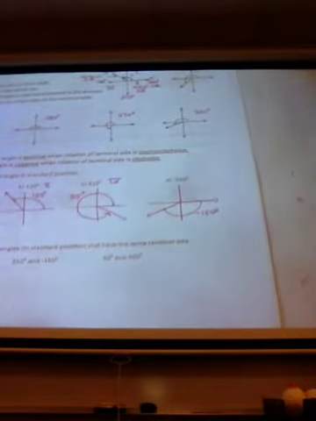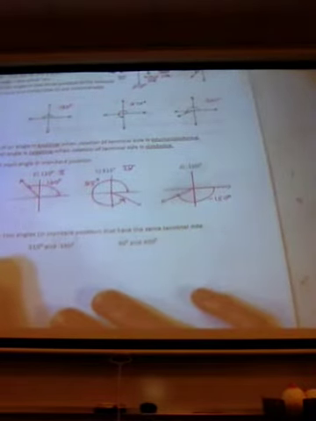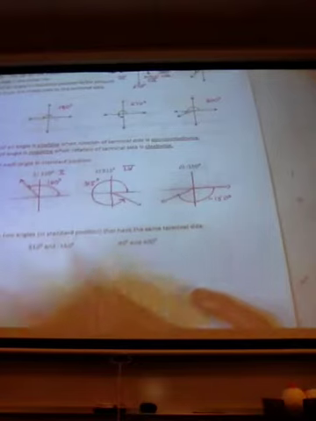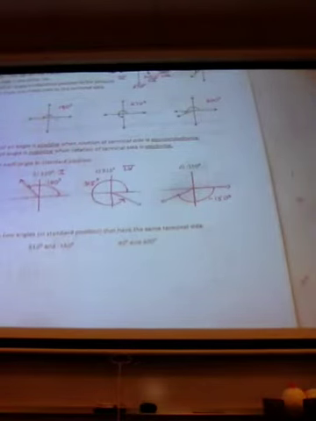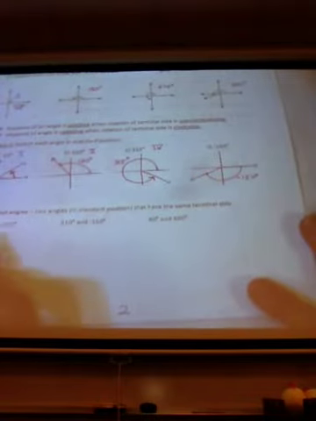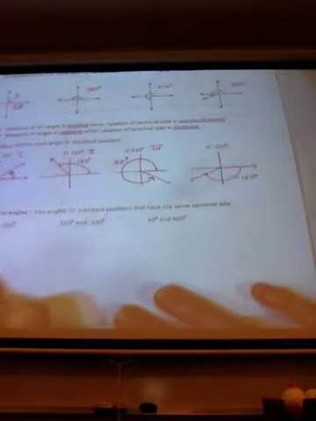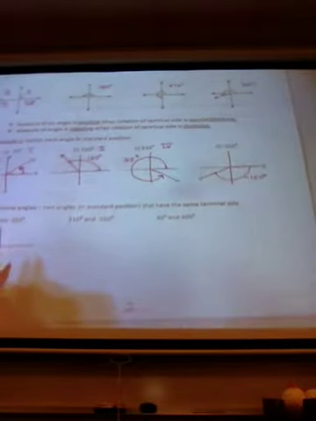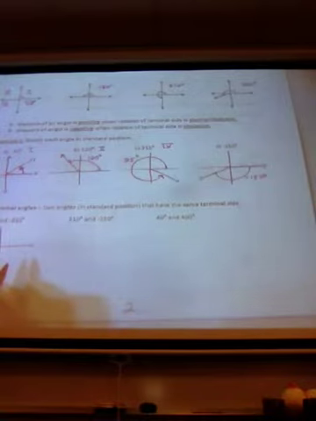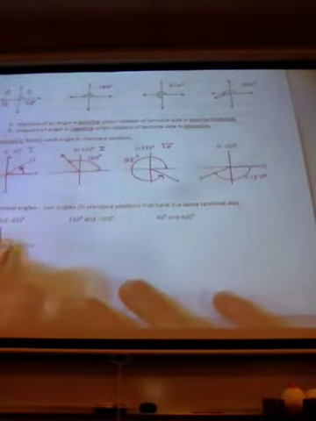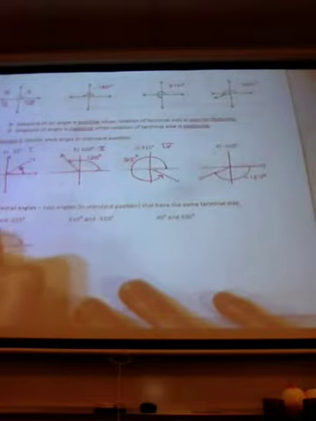Okay. Now, coterminal angles: two angles in standard position that have the same terminal side. So on here, these are coterminal. Why are they coterminal? If I look at this 135 degrees, the terminal side will land in which quadrant? Second. Good. It would go right here.